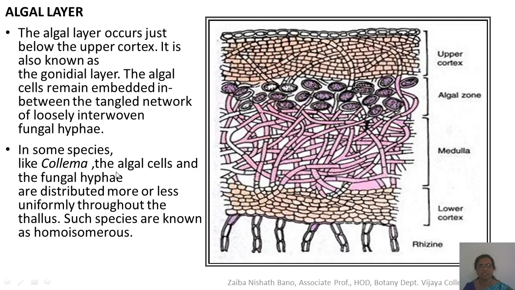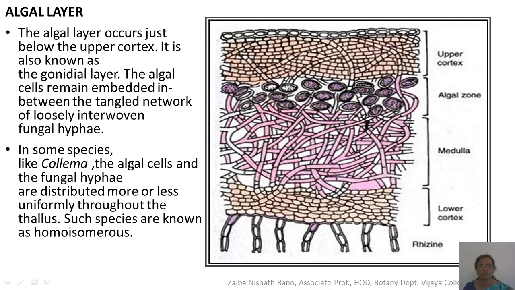In some species like Collema, the algal cells and the fungal hyphae are distributed more or less uniformly throughout the thallus. Such species are known as homoisomerous. The diagram that I have put here is of a different kind of species, which we term as the heteromerous species, because you have distinct algal and fungal zones.